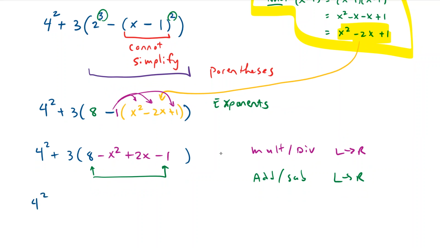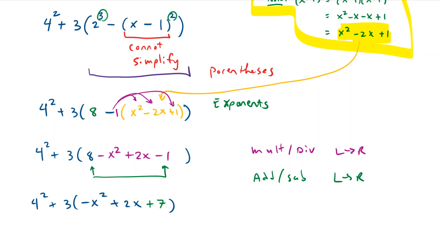So the rest of this is still continuing down. 8 minus 1 gives us 7. So we have still negative x squared plus 2x, and then we have our plus 7 here.